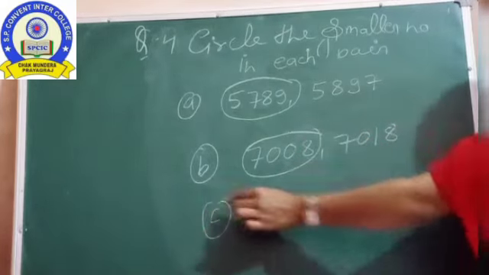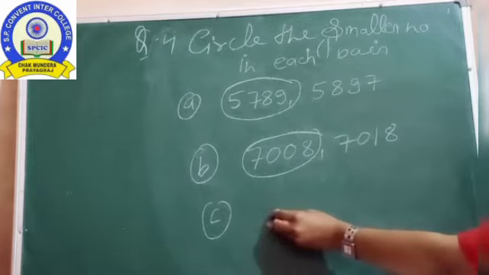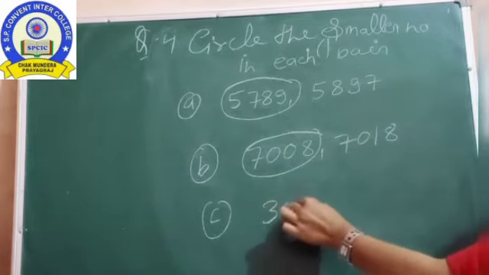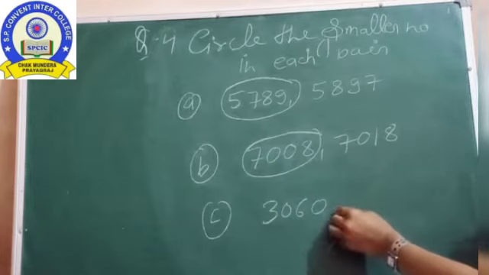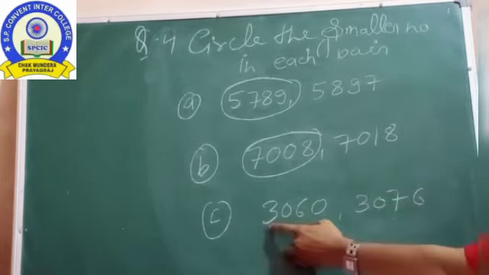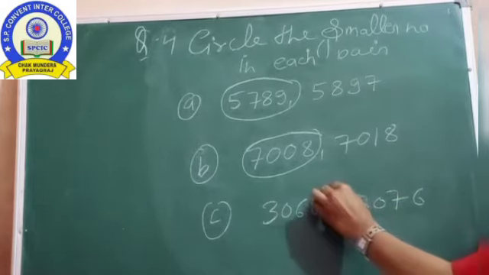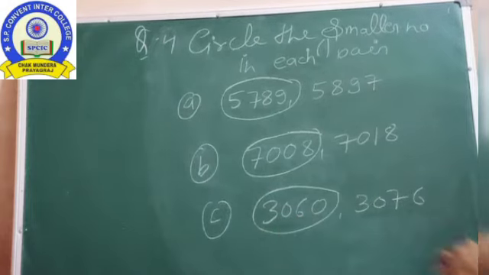Now C part. 3060 and 3076. 30 and 30 are the same and 6 is less than 7. It means 3060 is the smaller number. Clear?